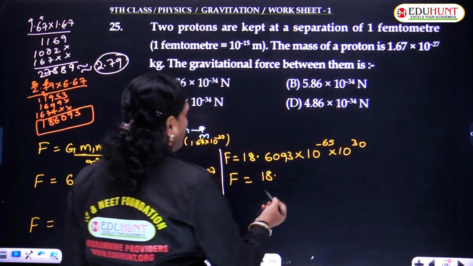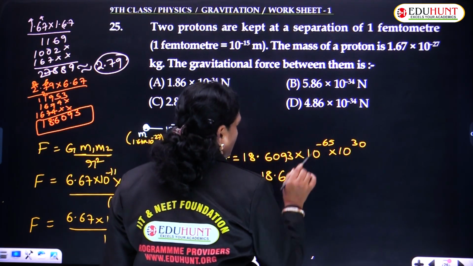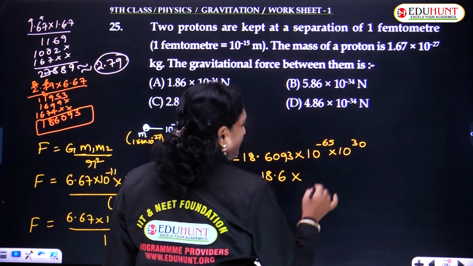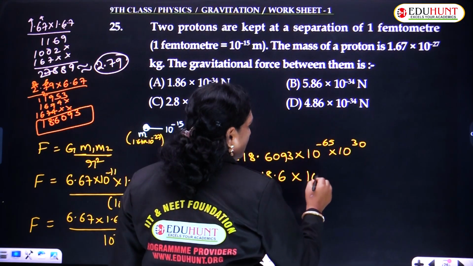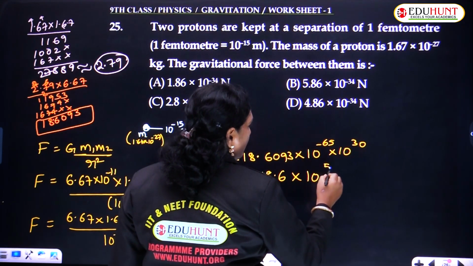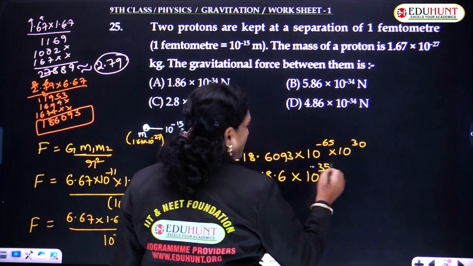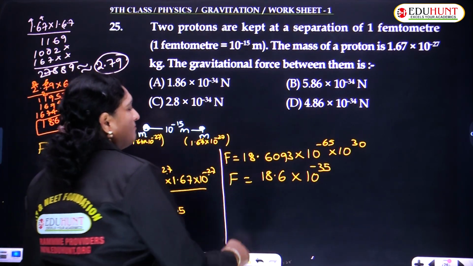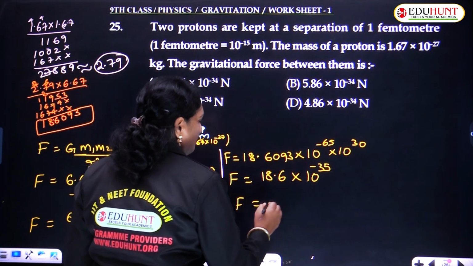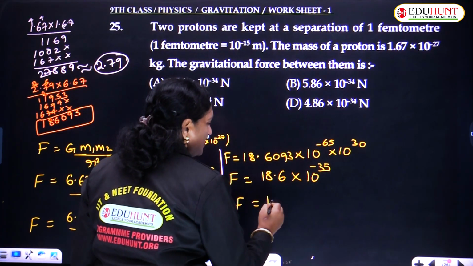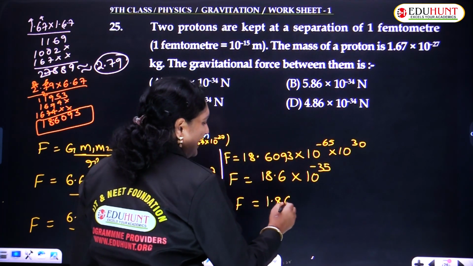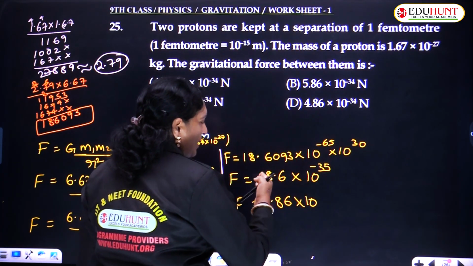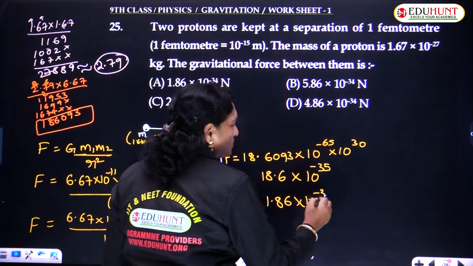I can directly take it as 18.6 multiplied by 10 power minus 35, since minus 65 plus 30 is minus 35. 18.6 into 10 power minus 35, or bringing the decimal to the other side, can be written as 1.86 multiplied by, since 1 decimal I carried, I can reduce 1.